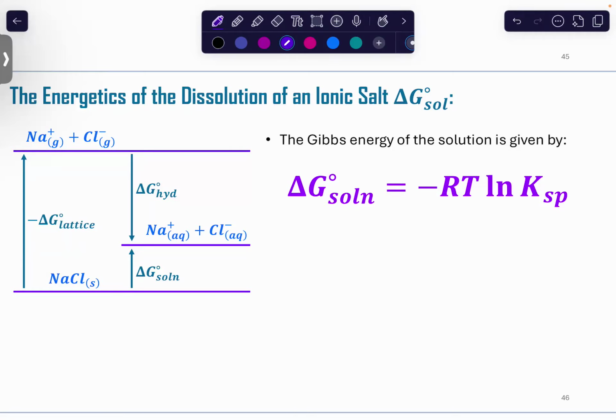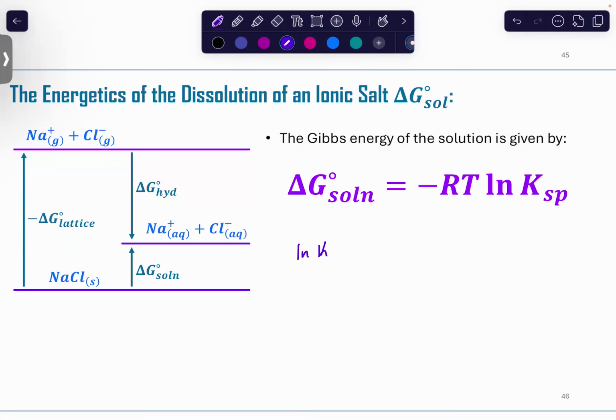Another way we can work through things, we may know the Gibbs energy, we can figure out the KSP, because we could move the negative RT to the other side, and then exponentiate. So we can get this expression that we've become very used to in thermodynamics.